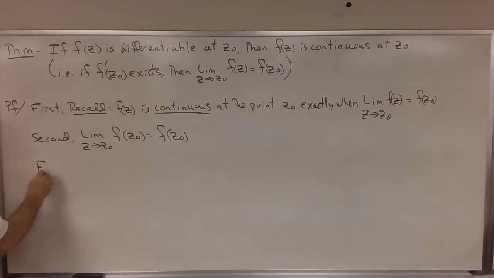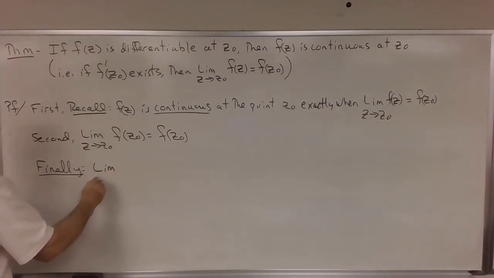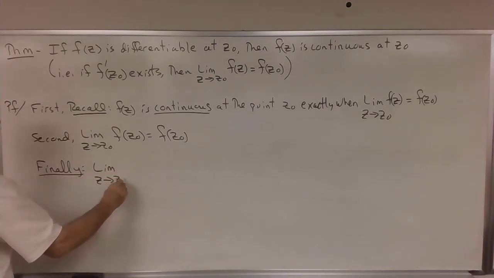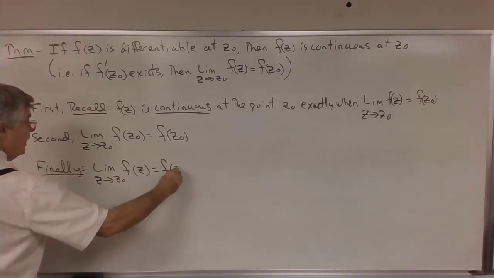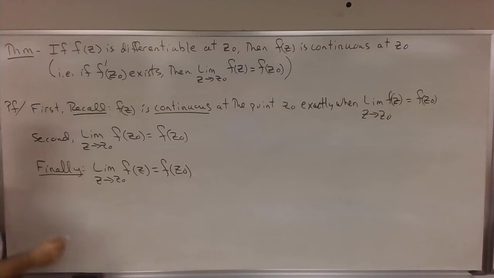And then finally, we have this definition of continuity. The limit as z approaches z naught of f of z equals f of z naught. And I just want to get an equivalent form for this.